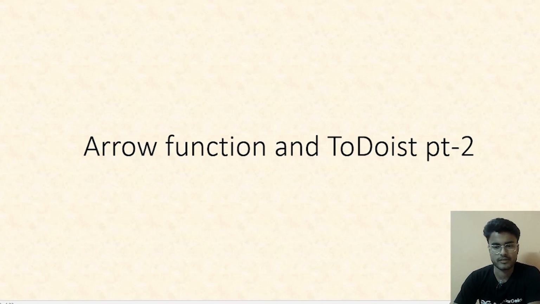So apart from that, do remember the suggestions that I want to give at the end of this session. Number one thing, whenever you learn any new topic or any new method, let's say in this particular segment we learned what an arrow function is, always make it a habit to visit the official documentation or any good reference site like GFG and try to read about this particular method or function.